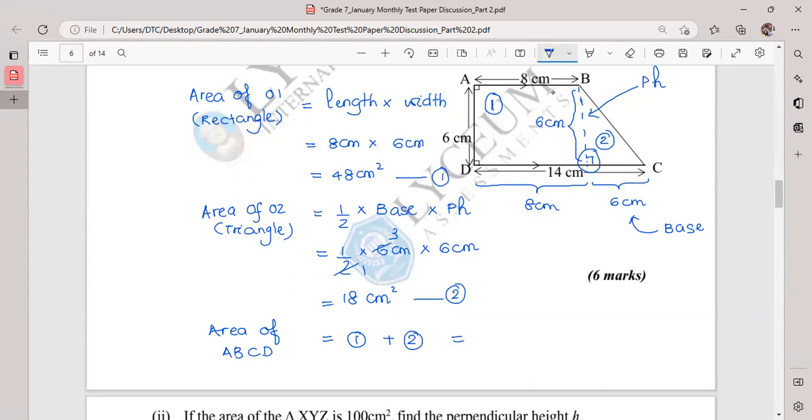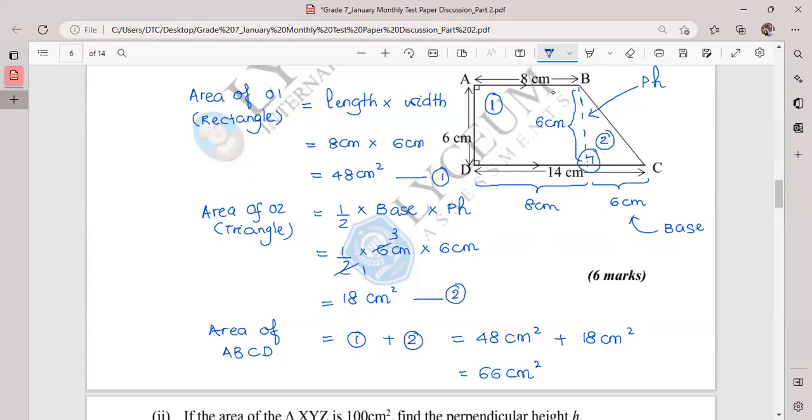Then here you write 48 centimeters squared plus 18 centimeters squared. So when you add them together, 48 and 18, it gives me 66 centimeters squared. That is the area of this figure, right?